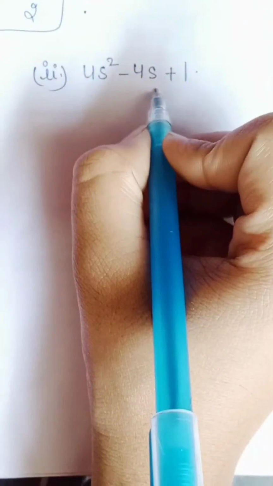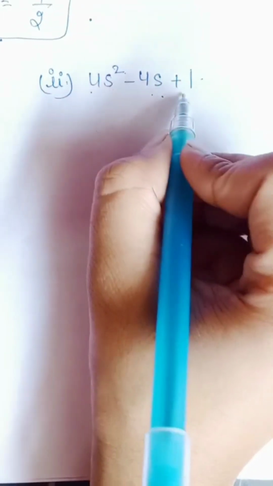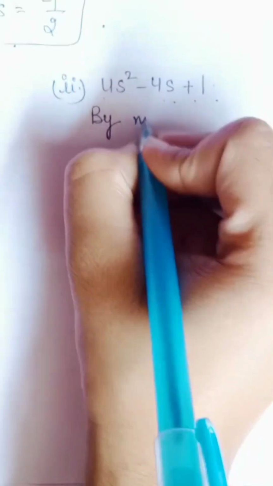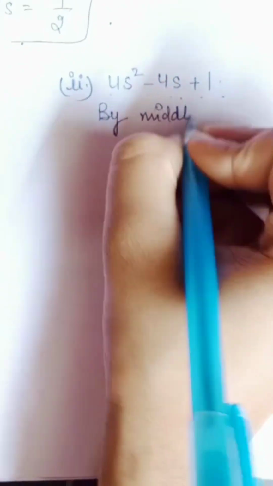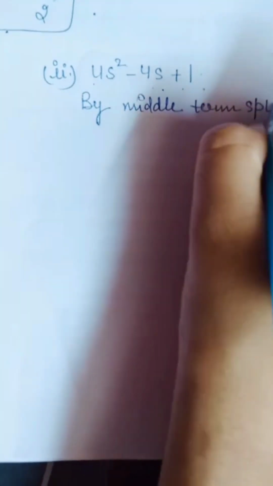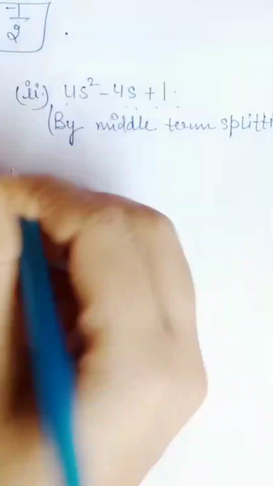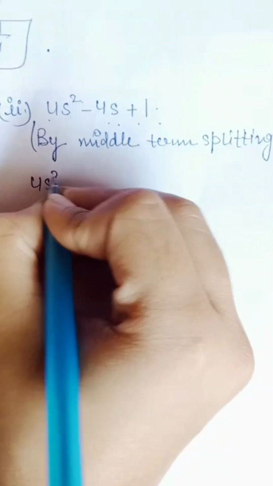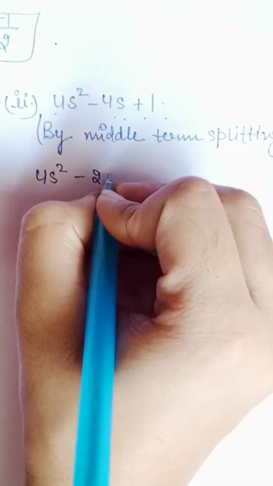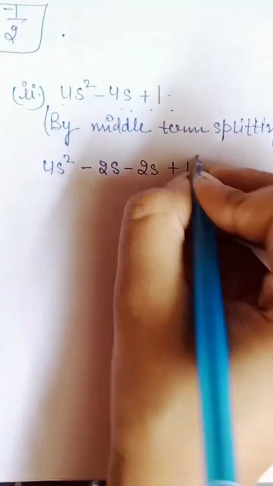Now we will come to the second part. 4s square minus 4s plus 1. Now do the middle term splitting. So by middle term splitting, what will we get? 4s square minus 2s minus 2s plus 1.